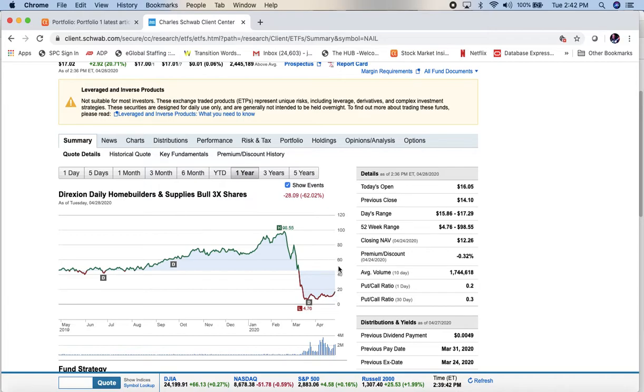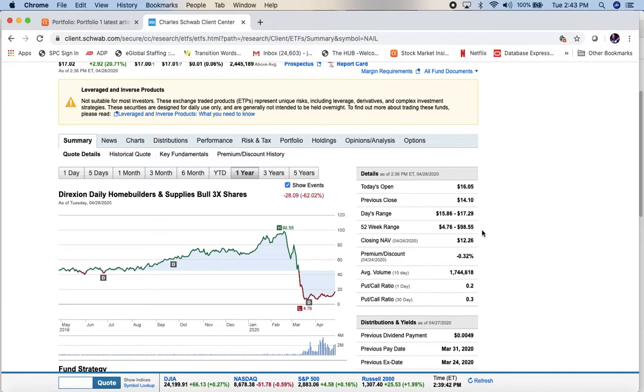Now, will it go back up to 50 a share? Will it go back up to 98? If you look over here at this 52-week range, that's the 52-week high-low I was talking about. If it were to go back up to 98, you're talking a very high multiplying factor. Another way of looking at this is, let's use the ultimate high.